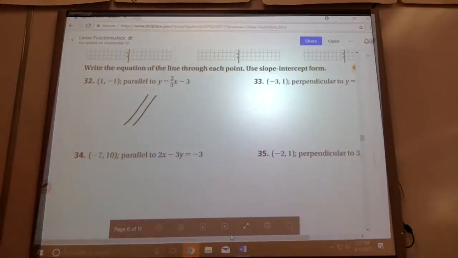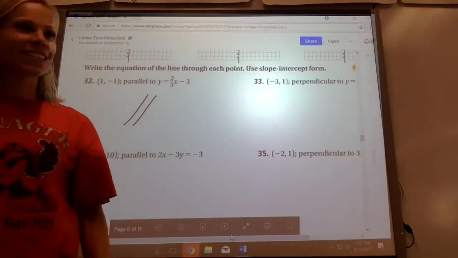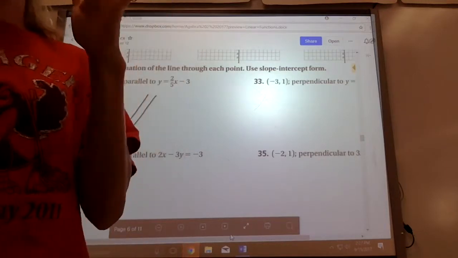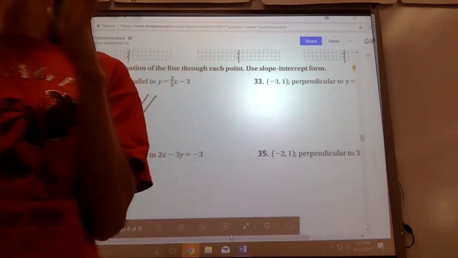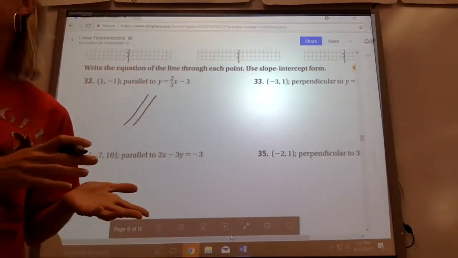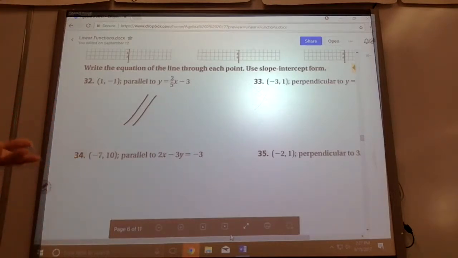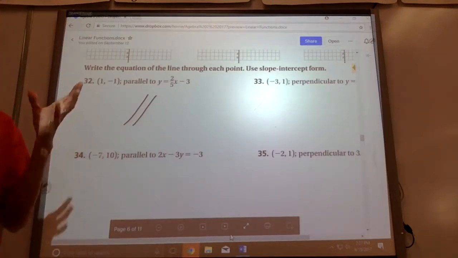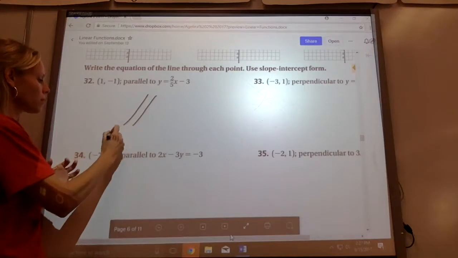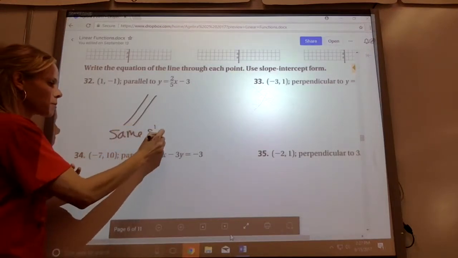What makes parallel lines parallel? Who remembers? Right, they never cross. Okay, so then the big question is, why do they never cross? Very good. They have the exact same slope. So what you need to know about parallel lines, same slope.